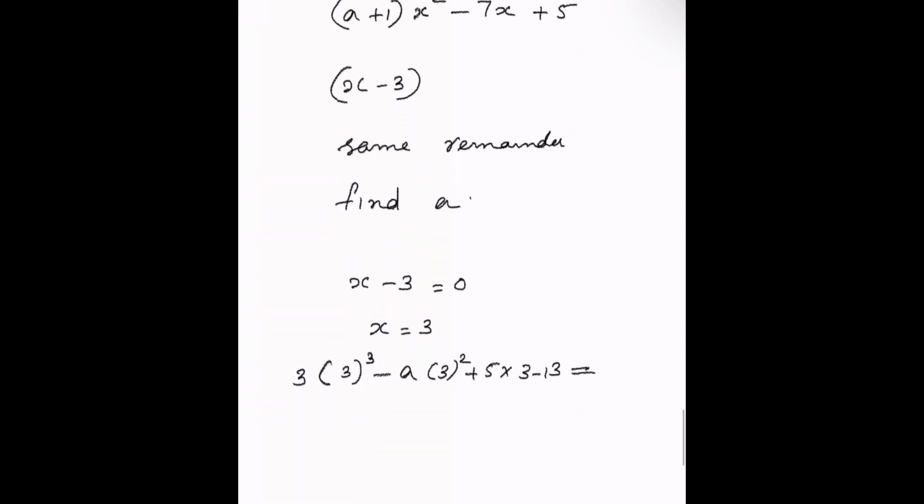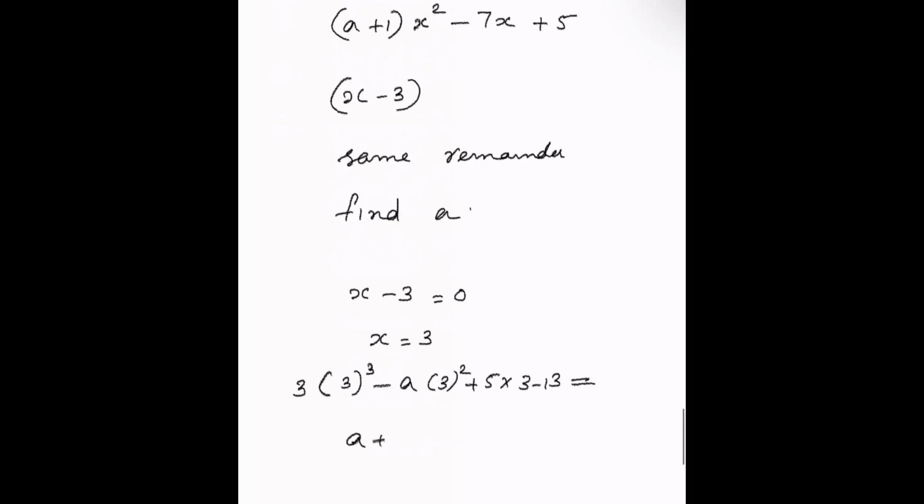So in the first polynomial I substitute 3: 3 into 3 cube minus a into 3 square plus 5 into 3 minus 13 is equal to (a plus 1) into 3 square minus 7 into 3 plus 5.